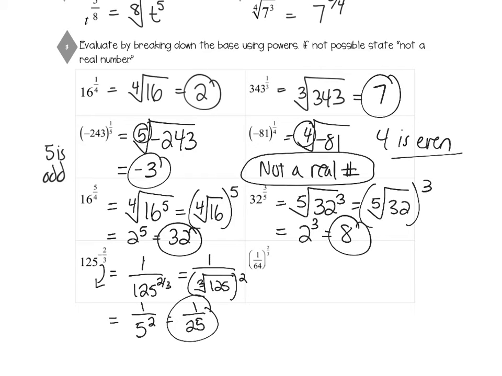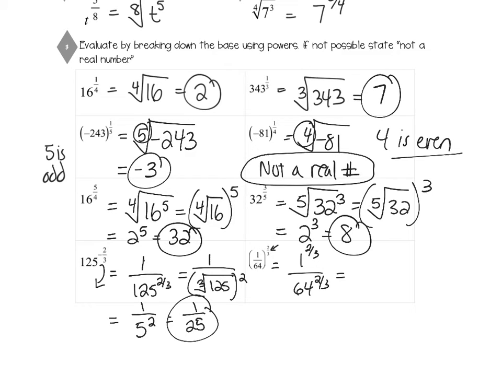In the next example, it gives you a fraction to a fraction. When you have this, remember that fraction on the outside that acts as an exponent applies to the top and bottom. So it becomes 1 to the 2/3 all over 64 to the 2/3.